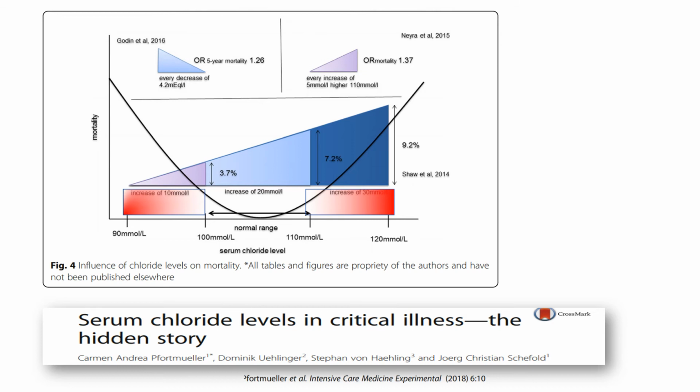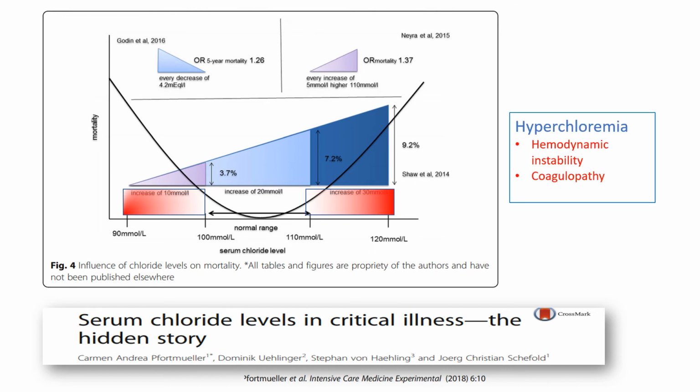So even hypochloremia has been shown to lead to increased mortality, and this curve depicts mortality, and it's lowest in the normal chloride range. So try to keep chloride in the normal range, especially avoid hyperchloremia. Not so much is known about hypochloremia, and hyperchloremia has been shown to be associated with hemodynamic instability and even coagulopathy.